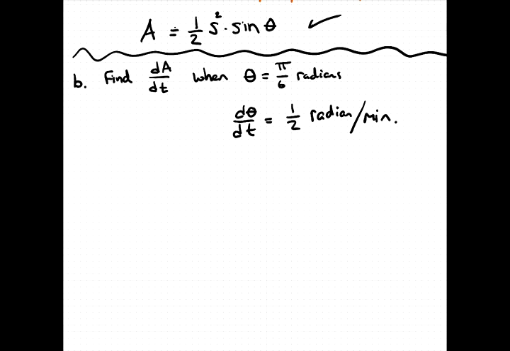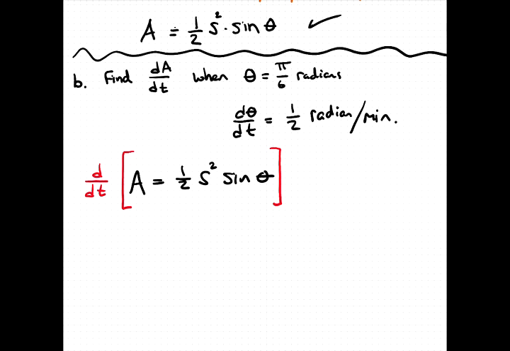Okay, so we're going to take the equation that we just derived, A equals 1/2 times s squared times the sine of theta. And we're going to implicitly take the derivative with respect to time. Okay, take the derivative of both sides of the equation.